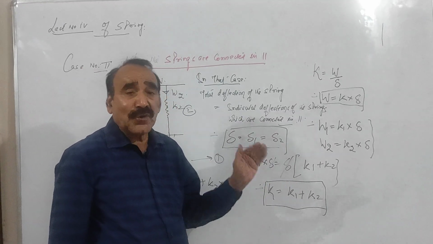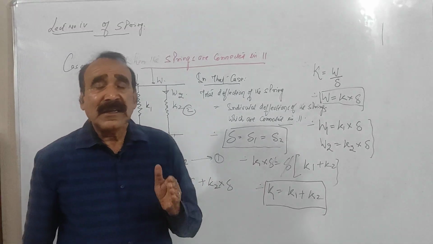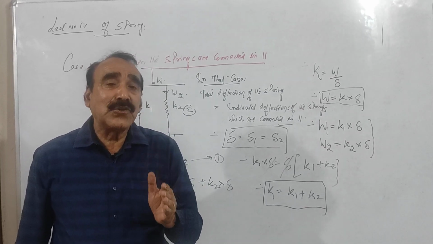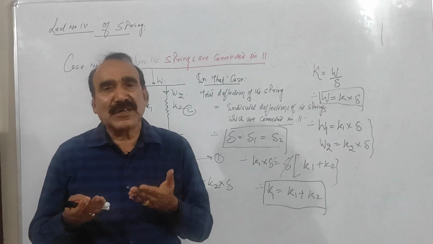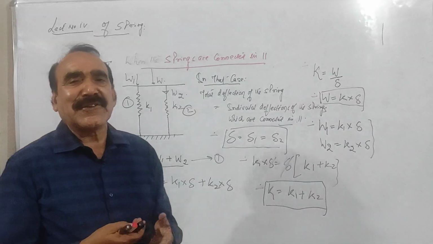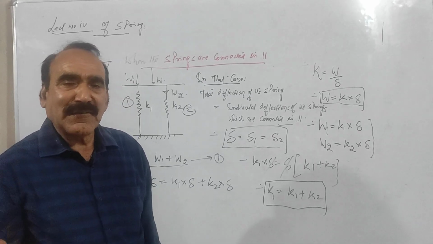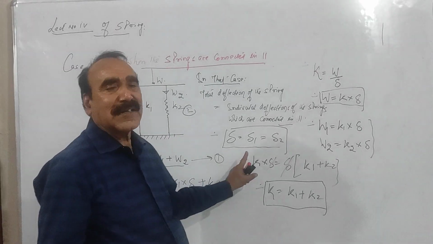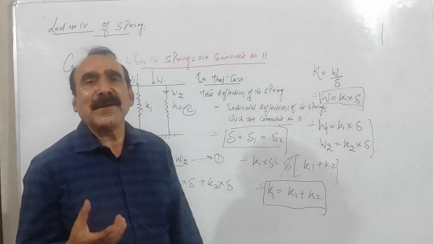And also you must know this condition that the total deflection of the spring when the springs are connected in parallel is equal to the individual deflections of the springs. So total deflection इस केस में कोई चेंज नहीं होगा. जो टोटल डिफ्लेक्शन होगी वही डिफ्लेक्शन आपका जो इंडिविजुअल डिफ्लेक्शन होगा स्प्रिंग का, चाहे वो डेल्टा 1 का है, वो डेल्टा 1 is equal to delta 2 and delta 2 is equal to delta. So these are the two conditions which you have to remember when the springs are connected in parallel, right?